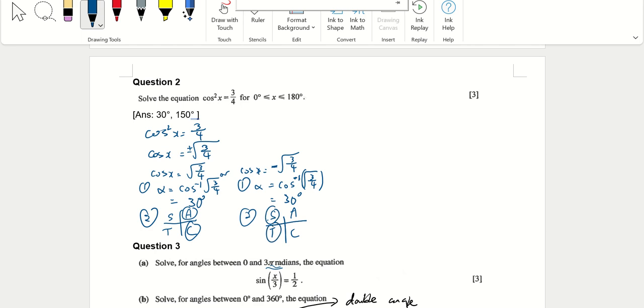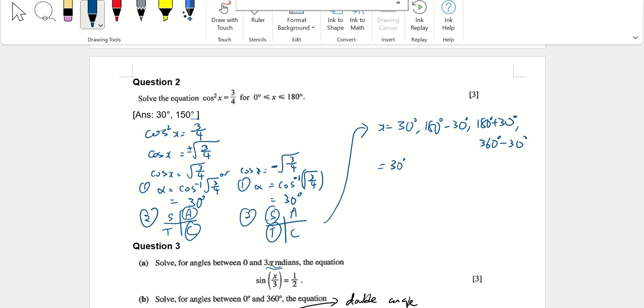So basically, x is in all the quadrants: first, second, third, fourth. In the first quadrant, it will be 30 degrees. The others will be 180 minus 30, 180 plus 30, and 360 minus 30.